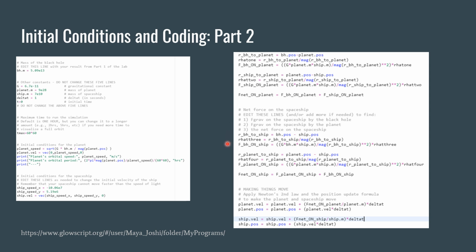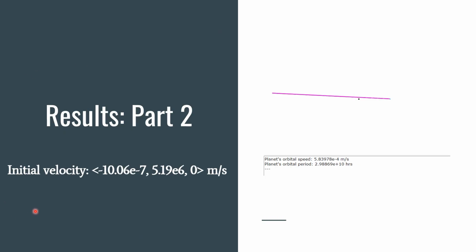And so then we just find F net on ship using the same process we did above. And then we update the planet velocity and the planet position using the velocity and position update formulas. And then we do the same thing for the ship to simulate it in the model. In the simulation, we got that the initial velocity could be this to meet the goals that we discussed previously.